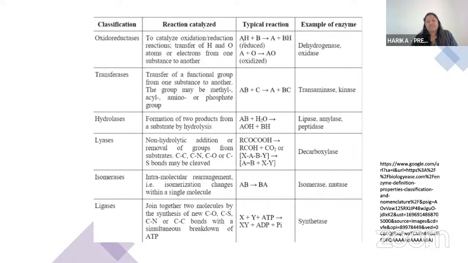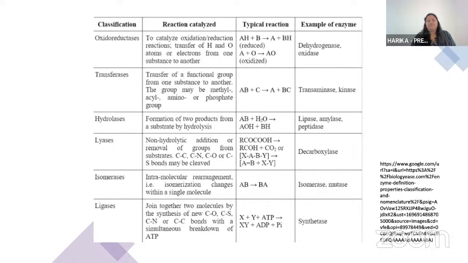This is a reduction reaction. And how does it oxidize? A molecule of A plus a molecule of O got combined and formed a single molecule. So here goes oxidation. Examples of oxidoreductases are dehydrogenase and oxidase.